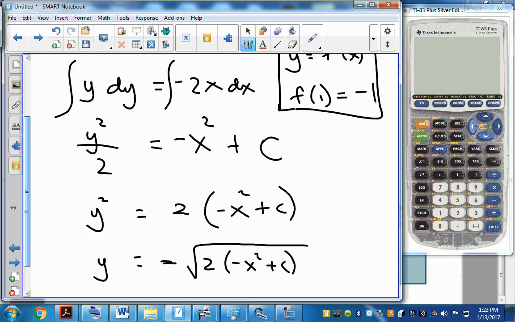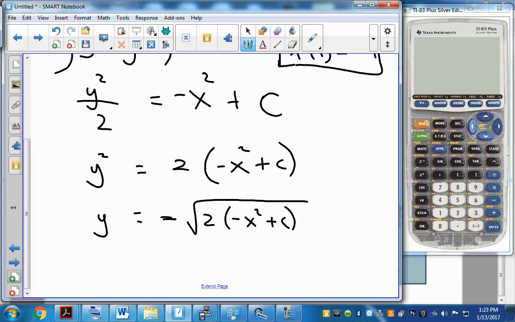Okay. Let's go ahead and chase down what the constant is. Now, remember, we were told that f of 1 was supposed to be minus 1. Let's see if you can do that. Put those values in for x and for y, and see if you can find c. It's not terribly hard.